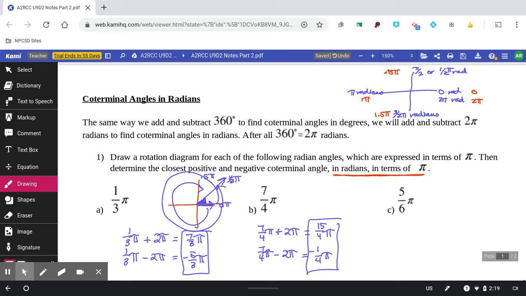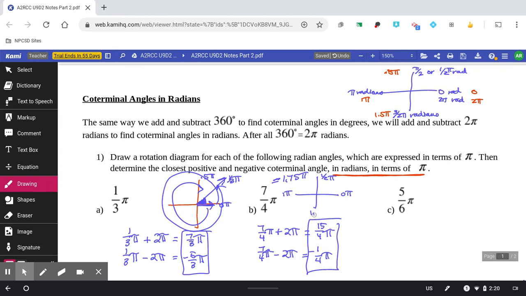Now, since it did ask us to draw a rotational diagram, I'm going to go ahead and convert 7/4. So 7 divided by 4 is 1.75. So that is equivalent to 1.75 pi. So I go around and I count by half pis. This is 0 pi. This is 1/2 pi. This is 1 pi.